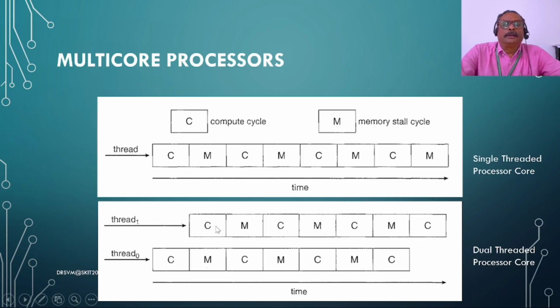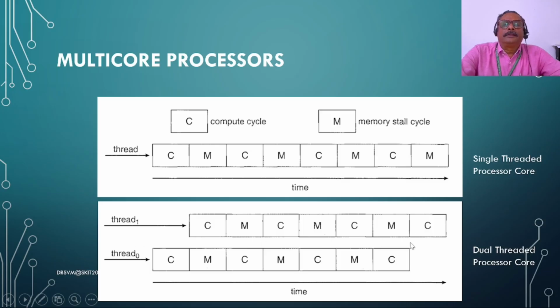So we can interleave these computation and memory cycles, so that at any time, either thread 0 or thread 1 is computing. First thread 0 is computing, then thread 1, then thread 0, thread 1, thread 0, thread 1.